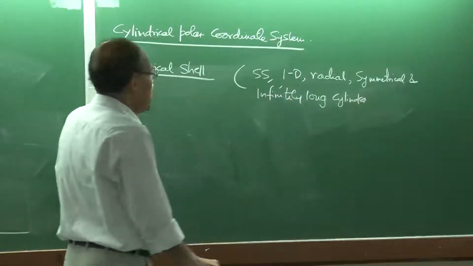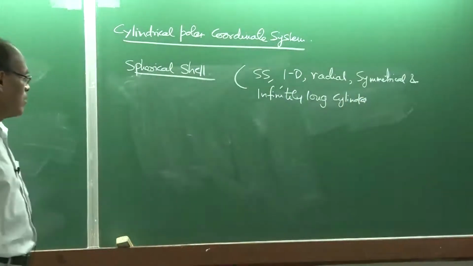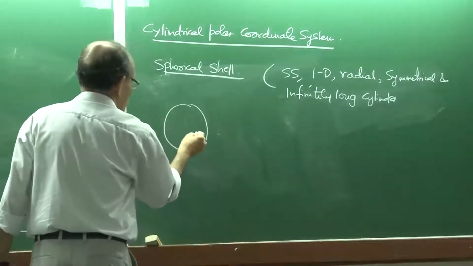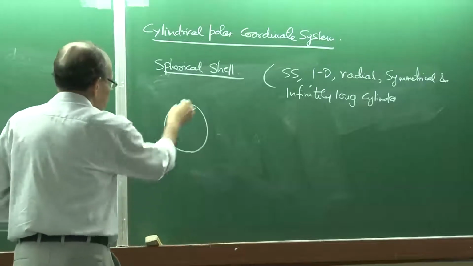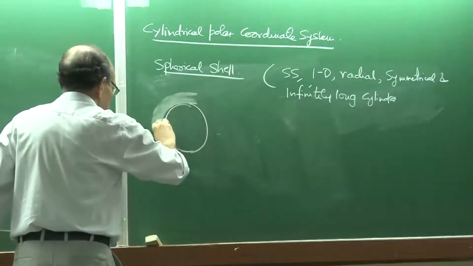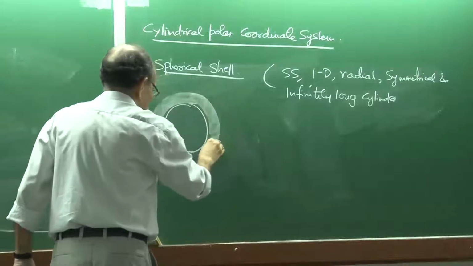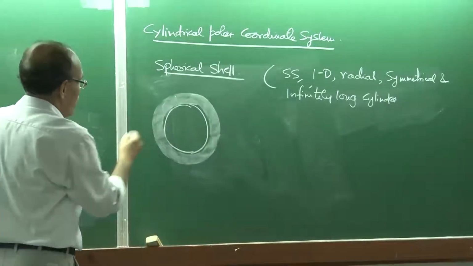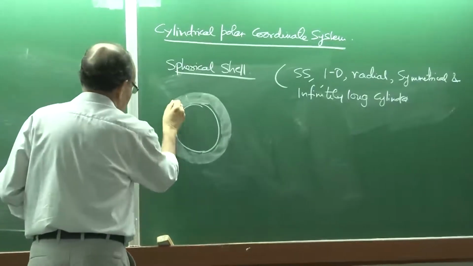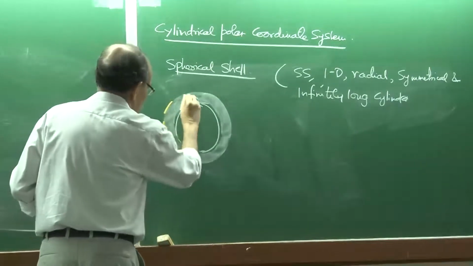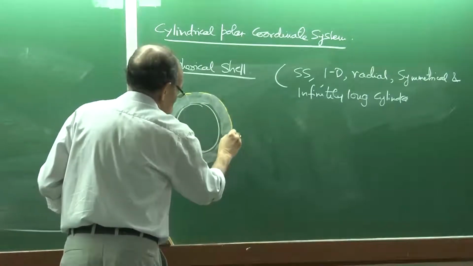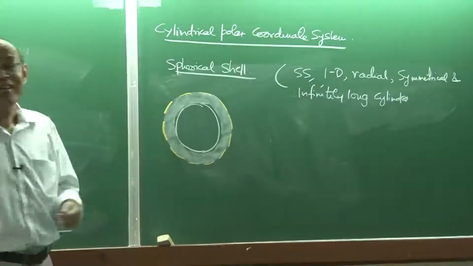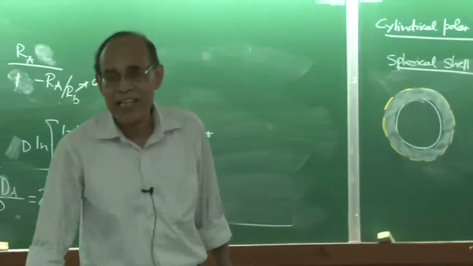If you say spherical shell, then this could be, that is the shell. So we have, if there is no material medium, we call it a hollow spherical shell.